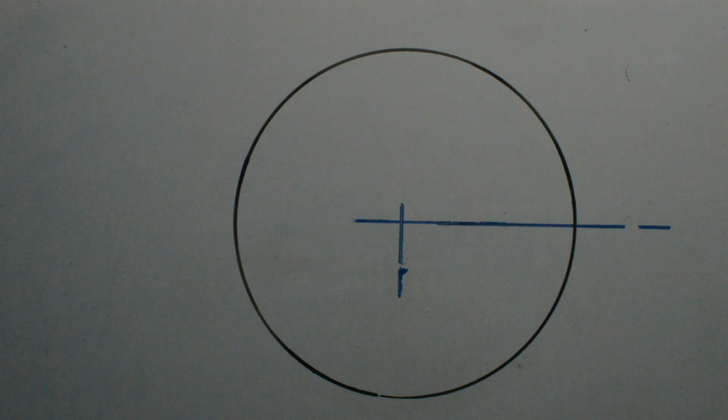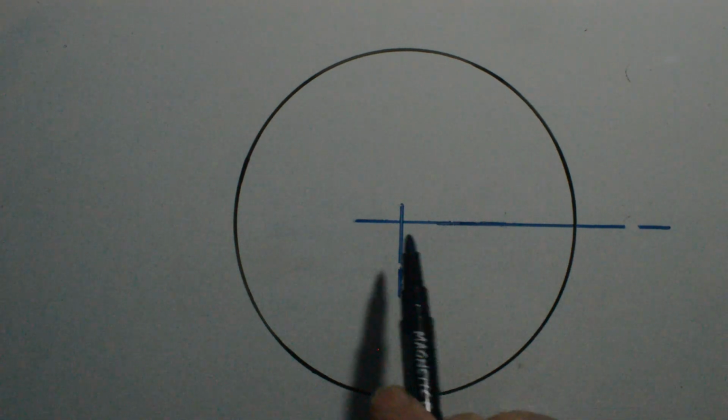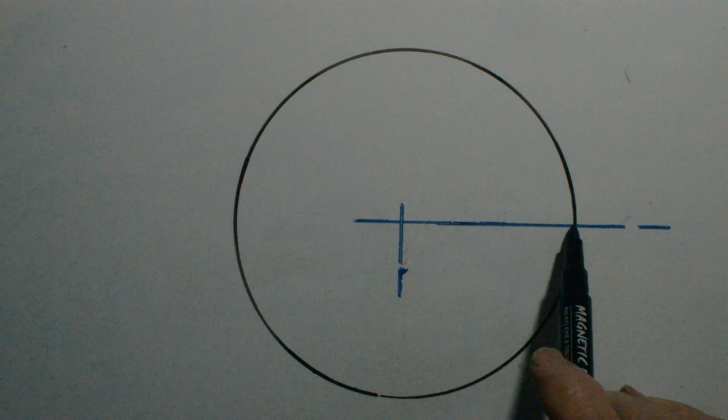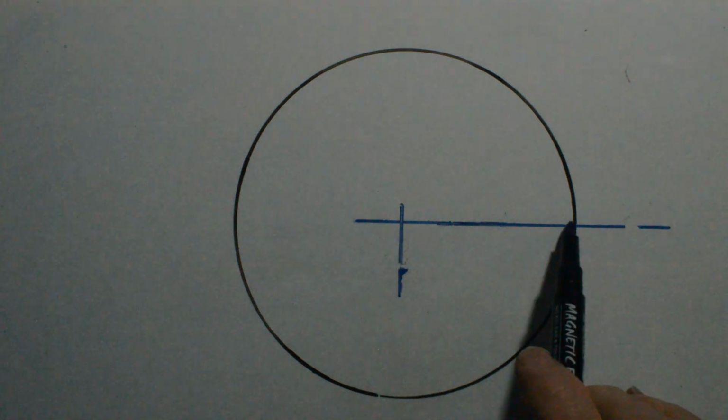Here we have a circle. The space from here to here is the radius, this distance.